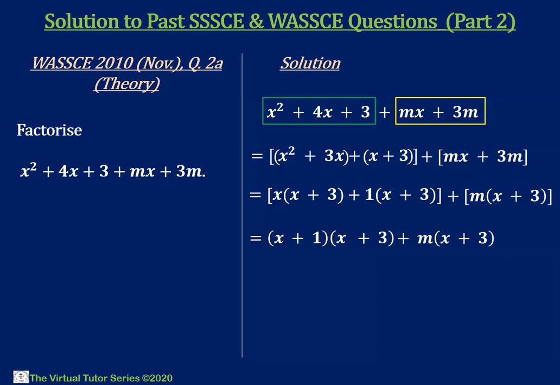We still have the common quotient x plus 3. So let's put the factors in bracket and set it against the common quotient. This gives us into bracket x plus 1 plus m as against into bracket x plus 3.